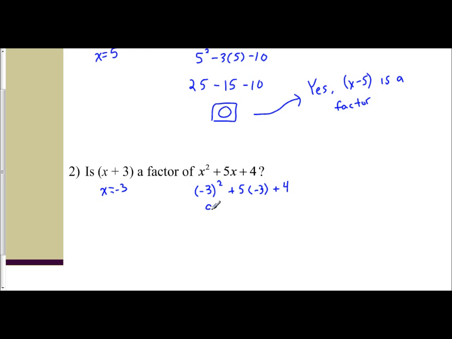That gives me 9 minus 15 plus 4. 9 minus 15 is negative 6, plus 4 is negative 2. So when I plug in the solution to the binomial, I get negative 2. That's not 0. So that tells me right away that no, x plus 3, that binomial, is not a factor.